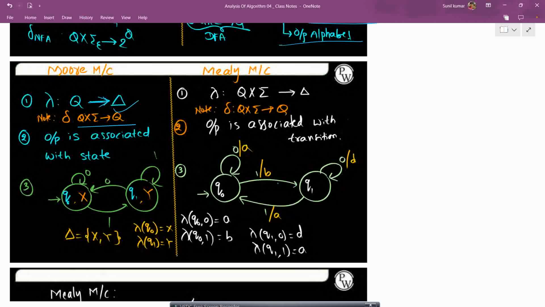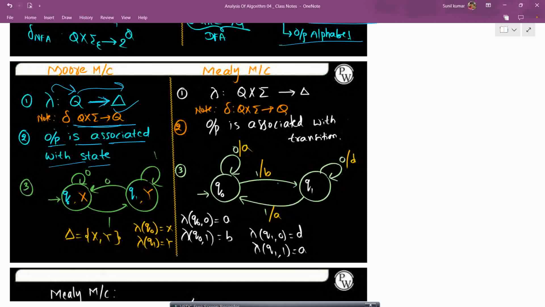Note the transition is this. If any transition takes us to any state, then according to that state, there is an associated output. So output is associated with state.